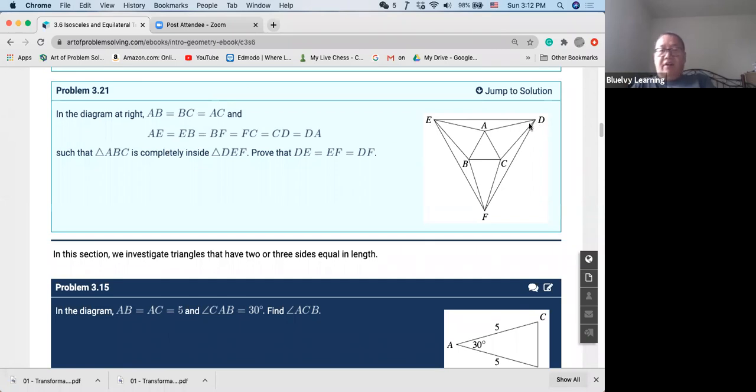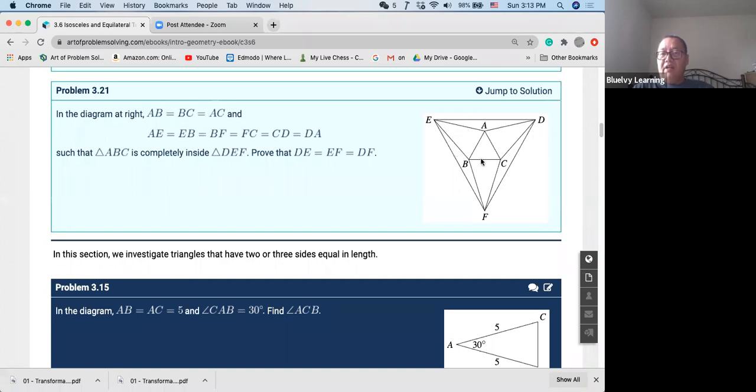Okay, now let's think. To prove this, let's first try to prove DE equals EF. First, let's analyze this. If we can prove triangle AED is congruent with triangle BEF, then we can get DE equals EF. Now let's check if we can prove these two triangles are congruent. AE equals BE, that's fine.